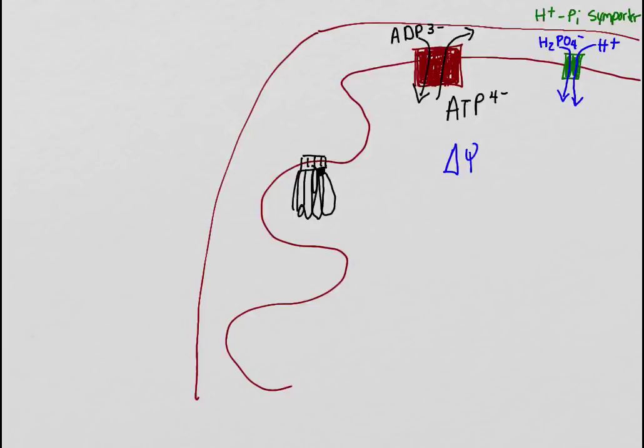So notice that this one has a -1 charge and this one has a +1 charge, so there is no toll on the delta psi in this case. However, there is definitely a toll on the delta pH. So the delta pH is changing. Obviously, the pH is becoming slightly higher in the intermembrane space, so it is drawing on that delta pH.